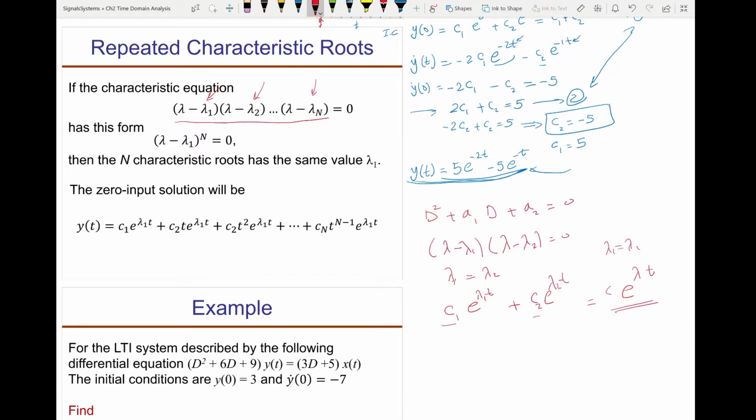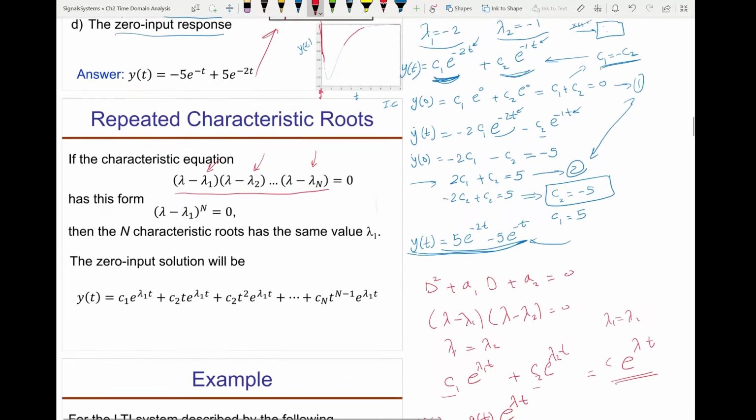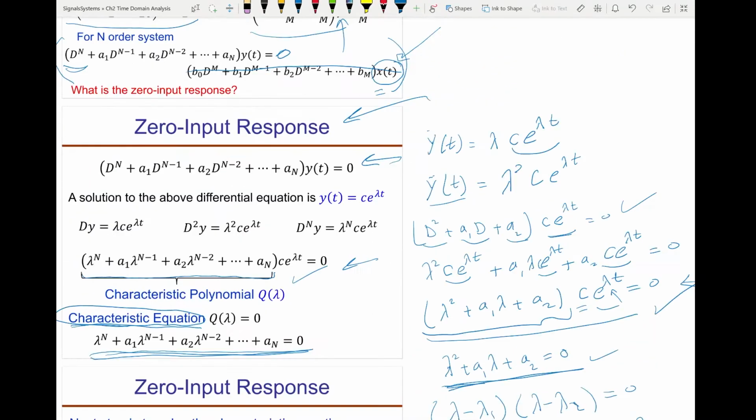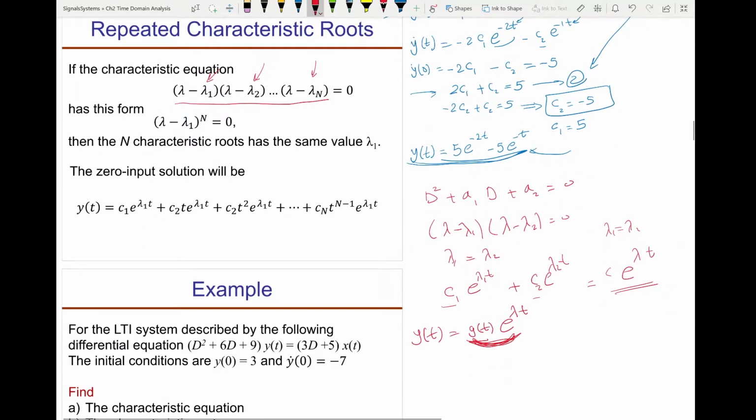That could be a possible solution. But a general solution is you should say y of t, if it's repeated, is like a function g of t times e to the lambda t. And g of t could be t, it could be t squared, it could be t cubed. And if you plug these possible solutions into these polynomial equations, as we did here, and solve for g of t, you will find that it could be t, it could be t squared.